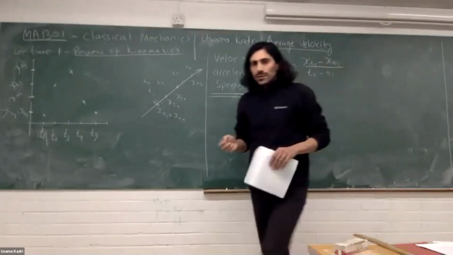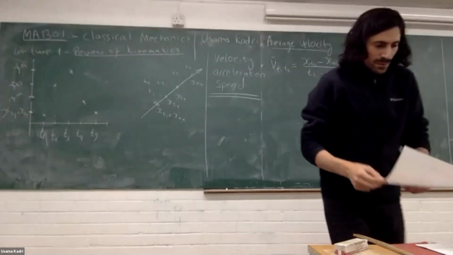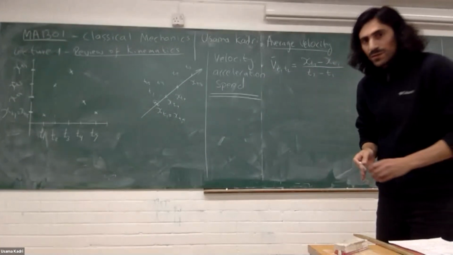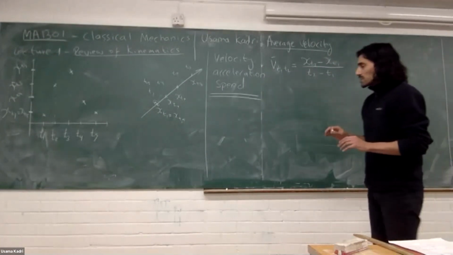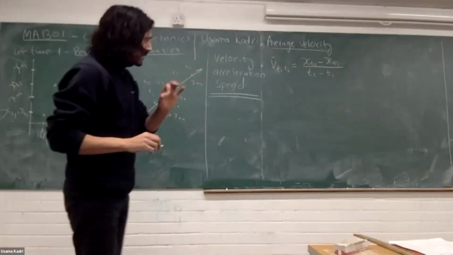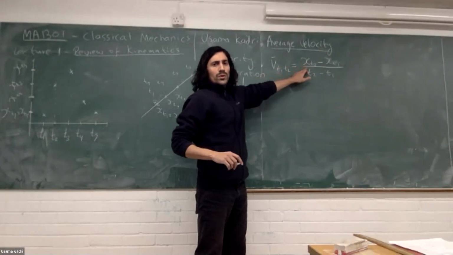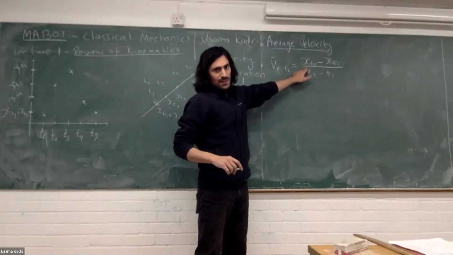Now I need to be more accurate here. And I'm telling you this now because I want you to pay attention to this, which we will discuss also later on. When we discuss the average velocity, we don't really look at the distance.